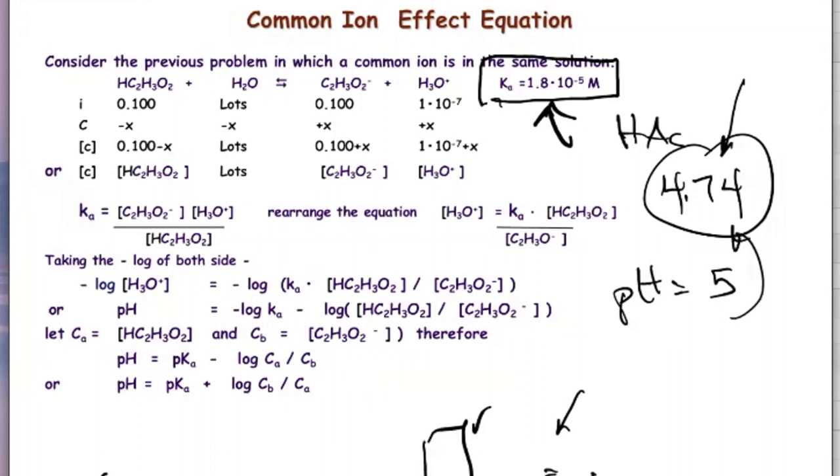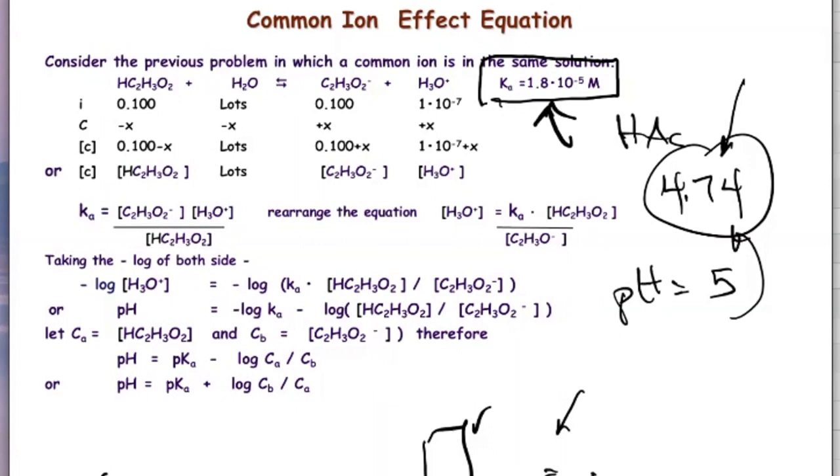So when you're preparing a buffer solution, you want to look for chemicals that have conjugate pairs and that the Ka value is very close to the pH that you are shooting for. Okay. And if you can figure that out, then it'll be much easier for you to prepare buffer solutions.